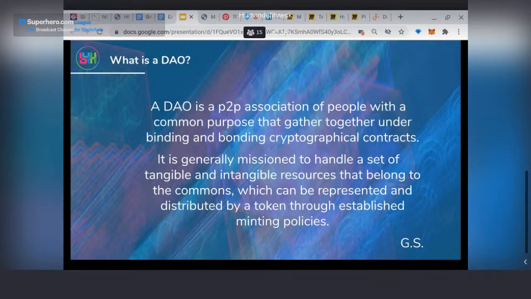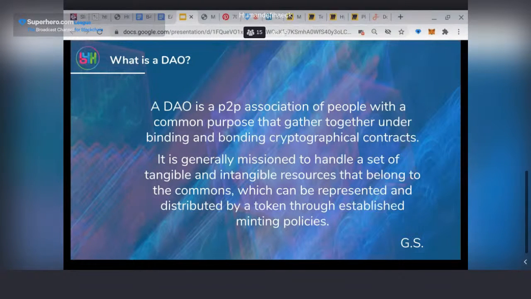This is just a short take on what a DAO is. This is my own definition. It's a peer-to-peer association of people with a common purpose that gather together on binding smart contracts. A DAO is generally aimed at handling a set of resources that belong to the commons, a common good, a common resource.